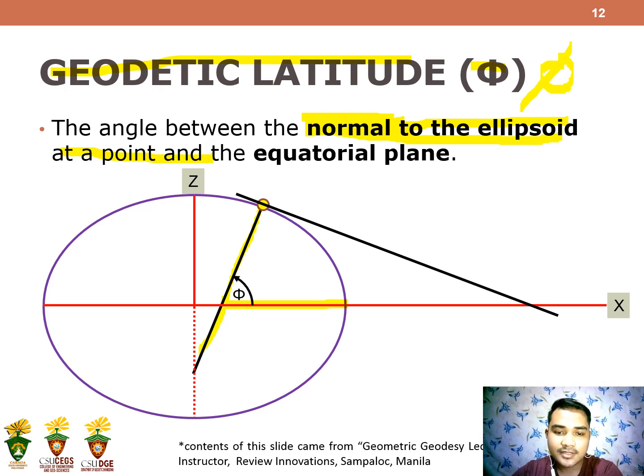Since this is 90 degrees, and this is the geodetic latitude, the exterior angle is equal to 90 degrees plus the geodetic latitude. Did you get that? 90 plus geodetic latitude.